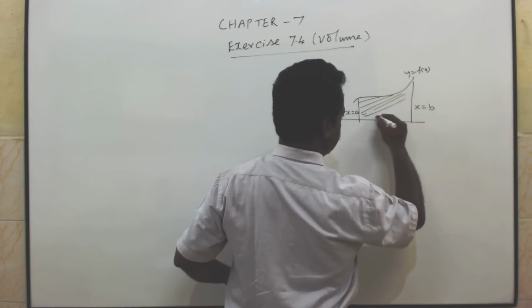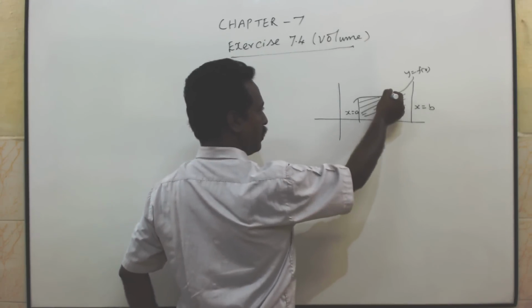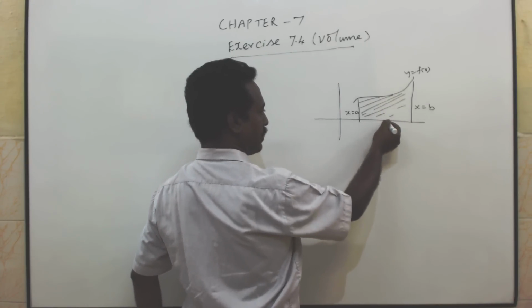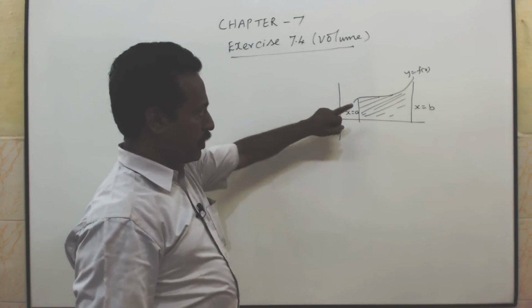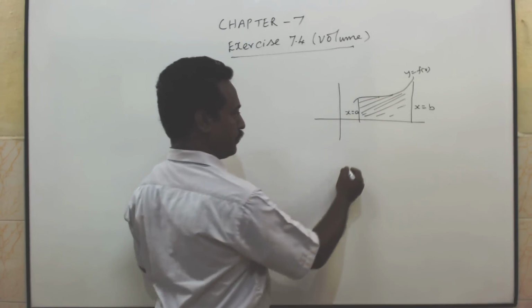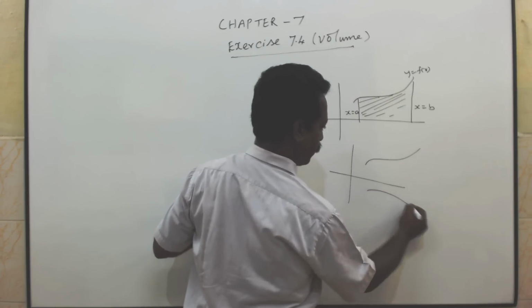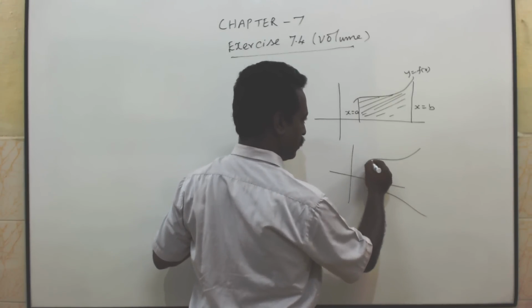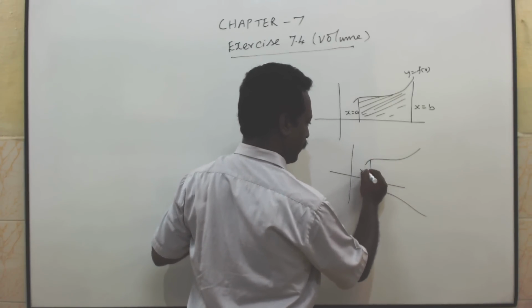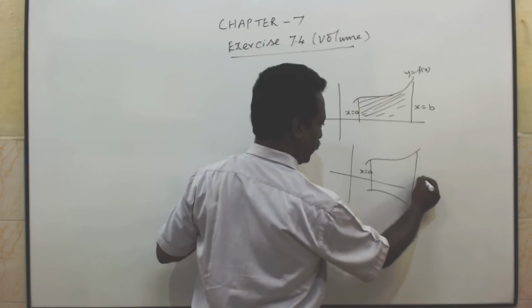R is the region bounded by the curve y equal to f of x and the lines. If you rotate it about the x-axis, you will get a solid like that.